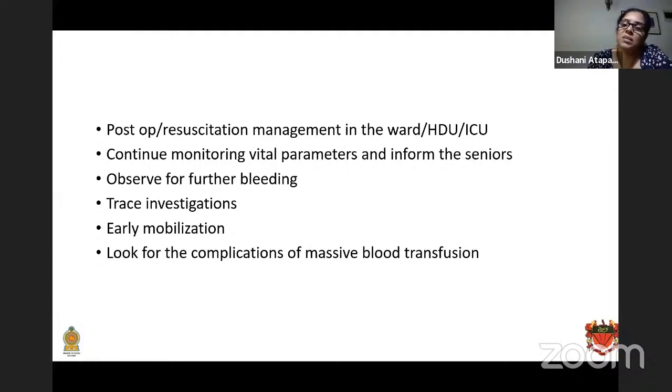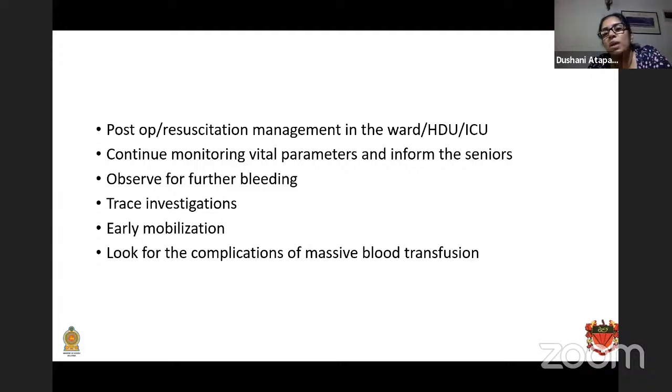But otherwise, say PPH, most of the PPH we can manage with blood transfusion, and they'll recover. And it's good if you can manage these patients in the HDU, but these days it's not easy to find an HDU bed.